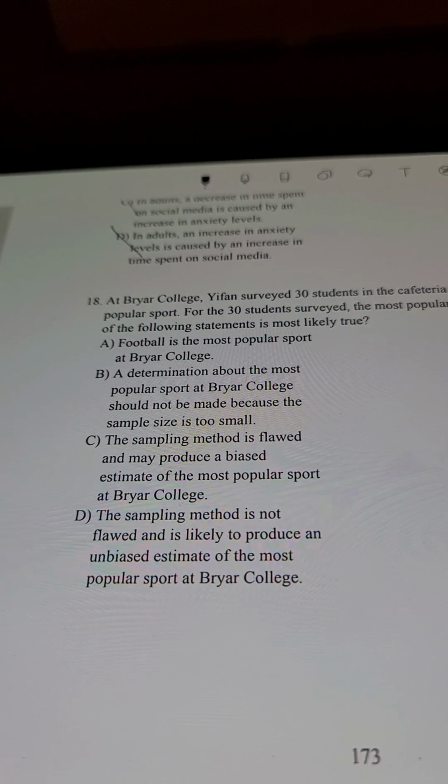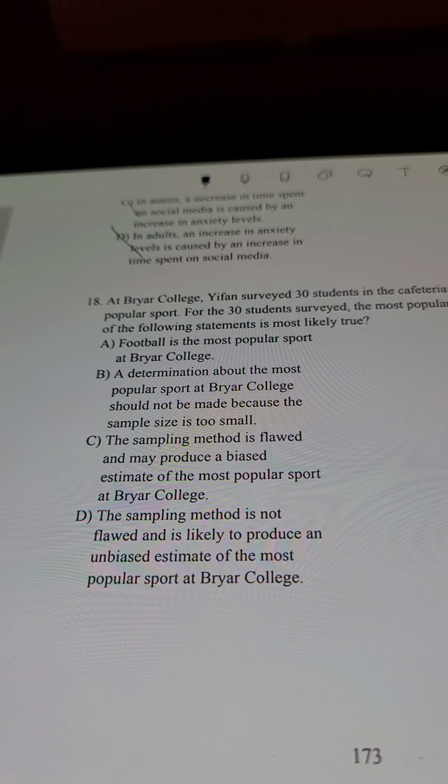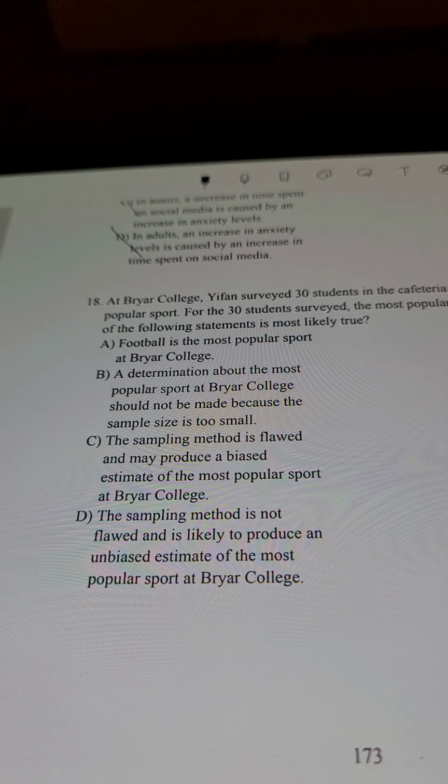There's so much that can go wrong there. It could have been maybe, in a lot of colleges they have a specific dorm or a specific cafeteria for people that do sports. So maybe she went to that one that the football players typically go to.